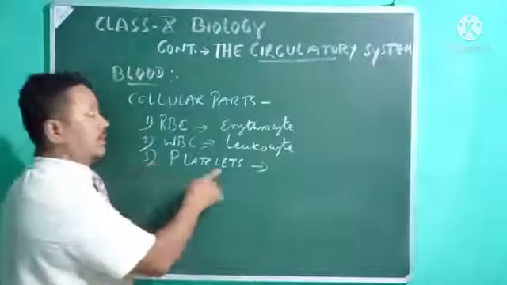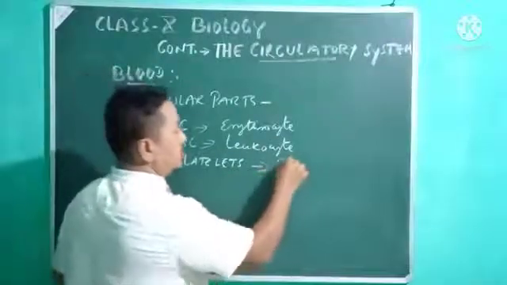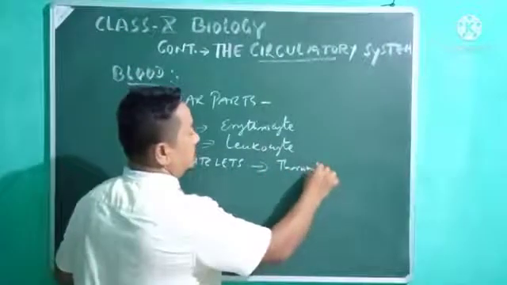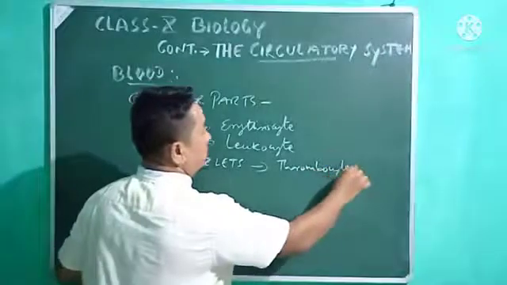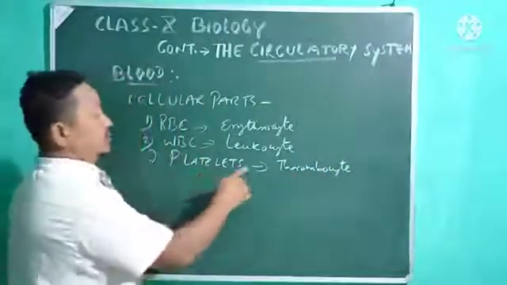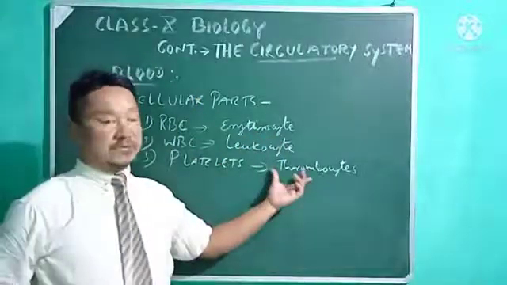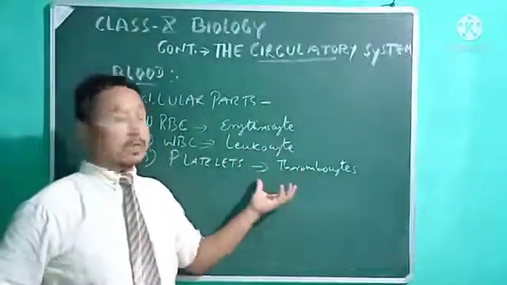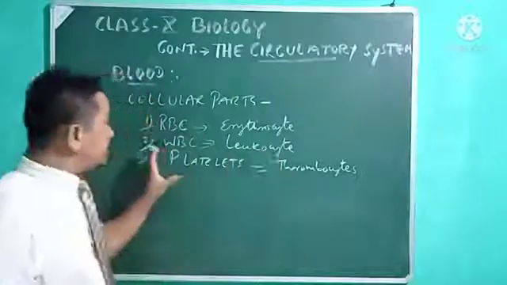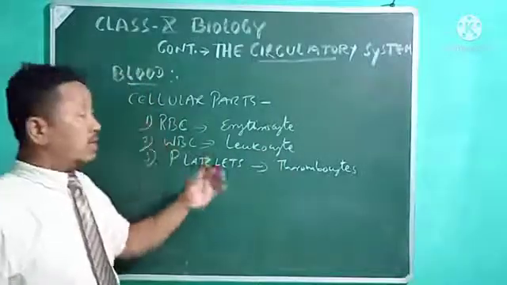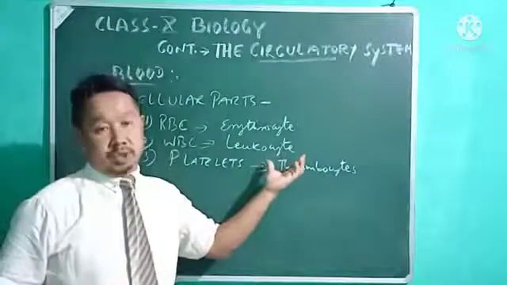And the third one is your platelets, which is also known as thrombocyte. So erythrocytes, leukocytes, and thrombocytes. Please do memorize these different types of cells of the blood by their alternative names also.